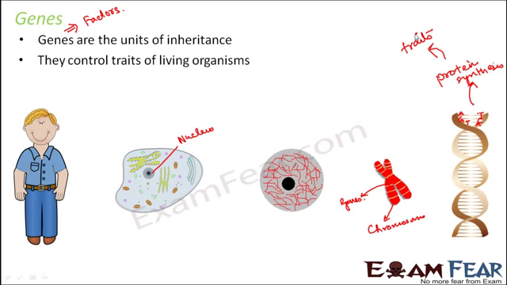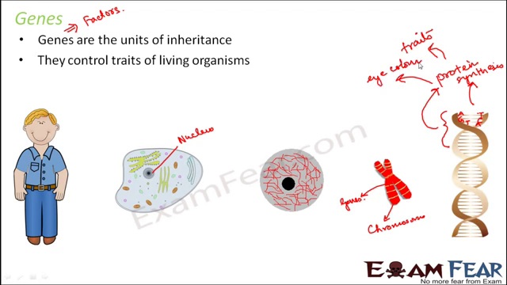The function of the protein governs everything which we see on our body. The physical appearance, everything is controlled by the proteins, and the protein synthesis is controlled by the sequence of the bases on the DNA, and the DNA is present within the gene. So maybe the sequence of bases in this region will code for proteins which are responsible for, let us say, eye color.